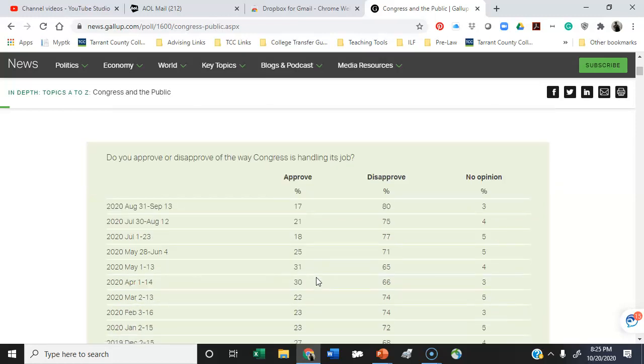This is a Gallup poll, though, August to September 2020. 17% approval rating of how Congress is handling its job. 80% disapprove, 3% have no opinion.